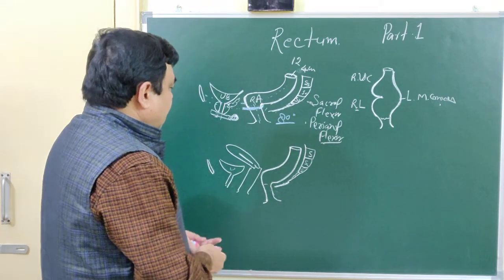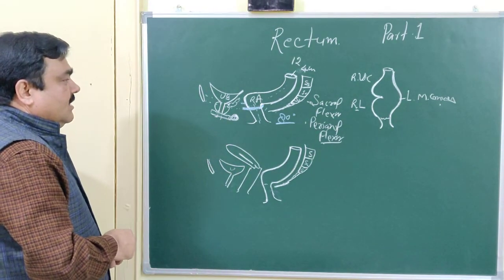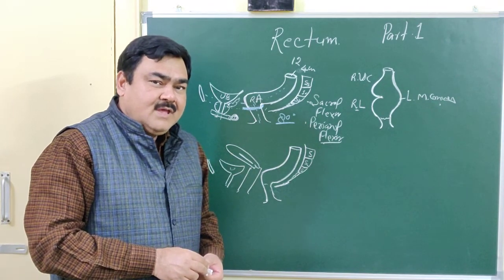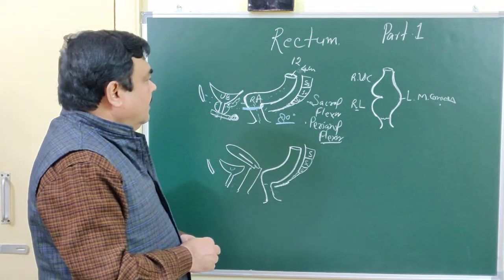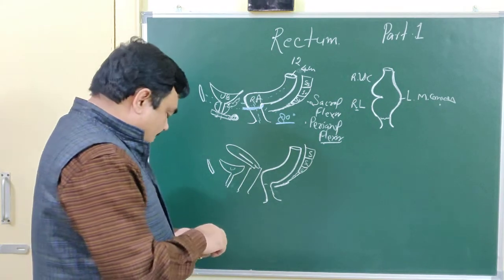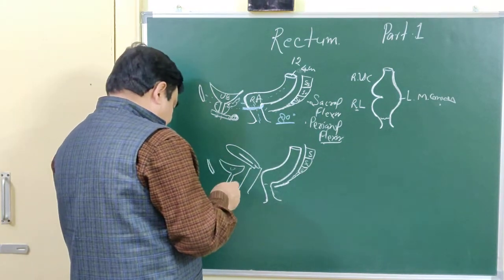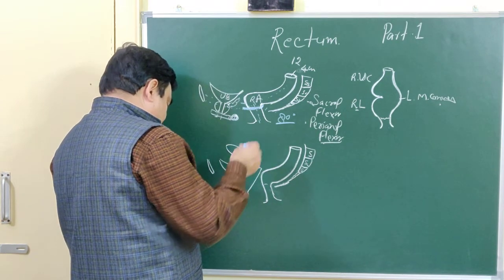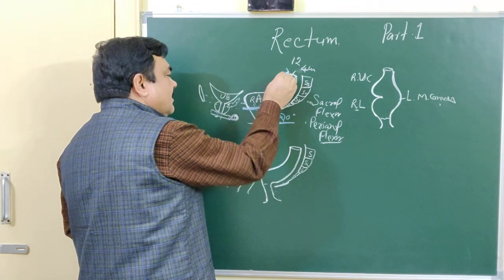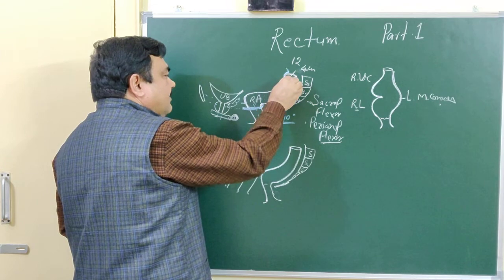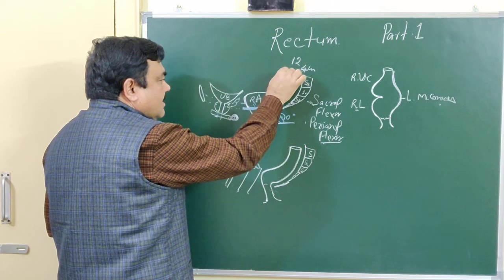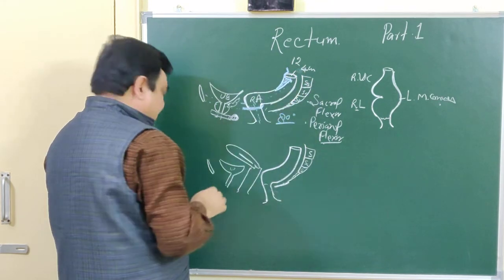Another thing, its relations. Now we'll discuss the relations of the rectum. First of all, peritoneal relation. The upper one third of the rectum is covered on each side and also anteriorly.